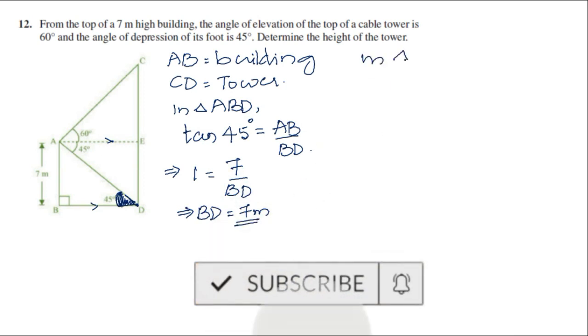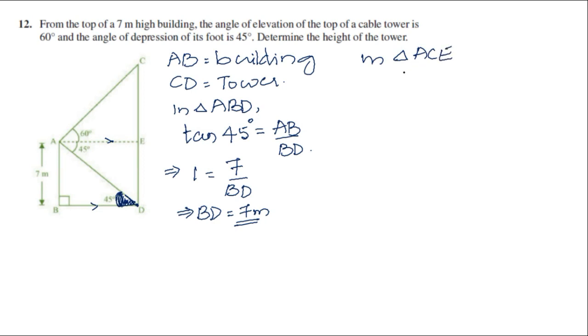Now consider the triangle ACE. In this triangle, AE is the same as BD. This is equal to 7 meters. Let me take tan of 60 degrees.